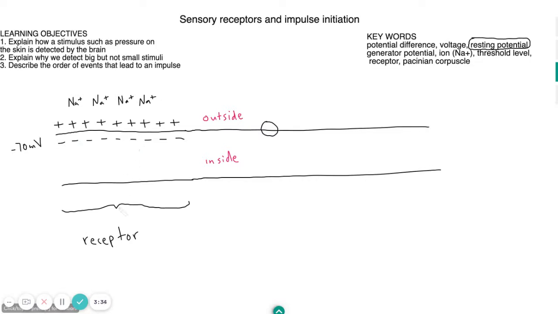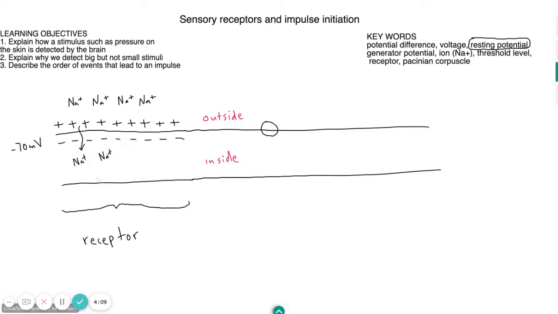So what happens if your skin makes contact with an object? We call that a stimulus. A touch would be one of the senses. As you make contact with an object, this receptor becomes more permeable to sodium ions, and those sodium ions begin to leak in, bringing their positive charge in.